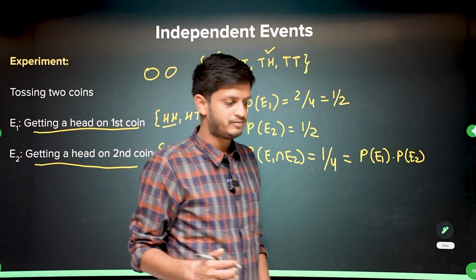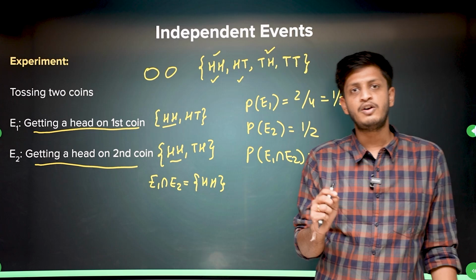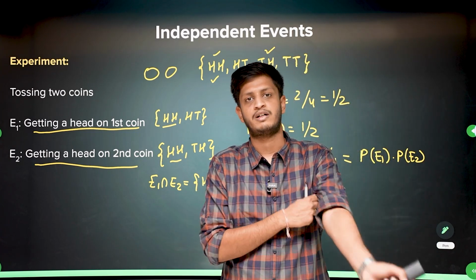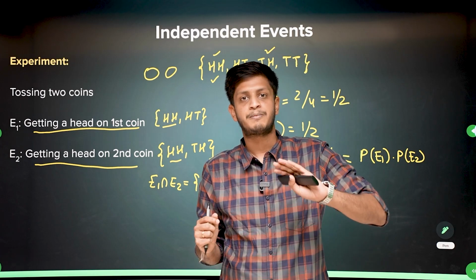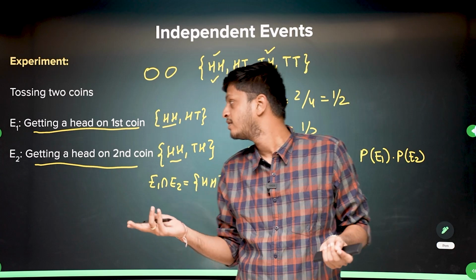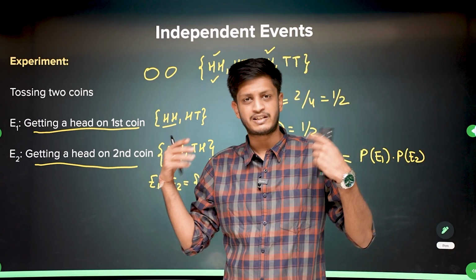What does it mean? The happening of the second event doesn't change the probability of the first event. And similarly, the happening of the first event doesn't change the probability of the second event. It's true both ways. So it is obvious as well. Think about it logically.